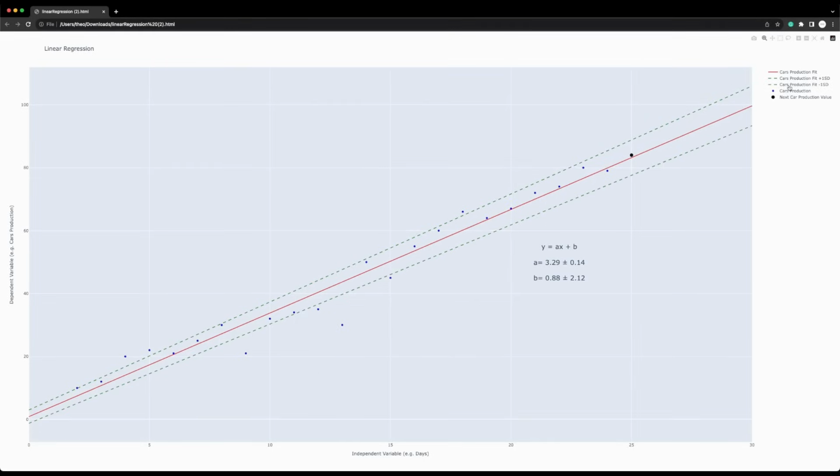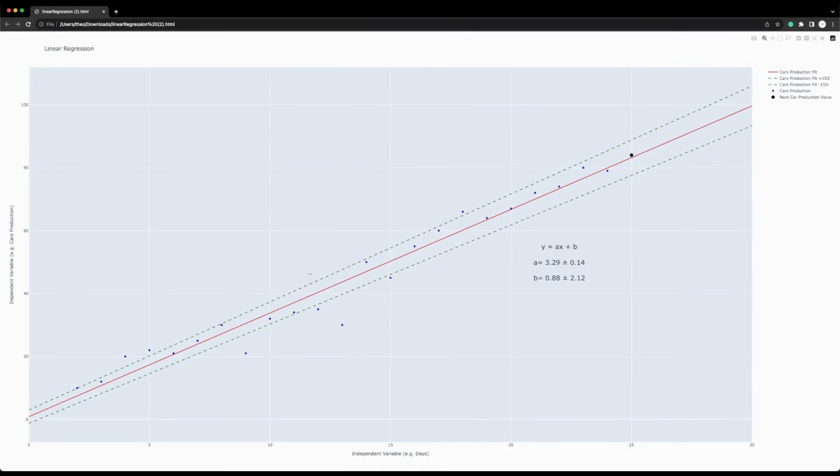With the same idea, if we go to these parameters and subtract the 0.14 from the 3.29 and subtract the 2.12 from the 0.88, we'll create the bottom dotted line, which is the minus one standard deviation.